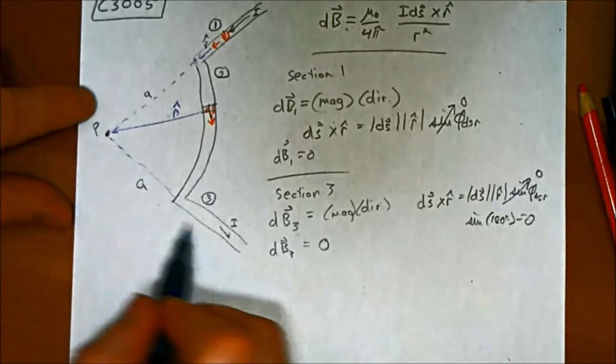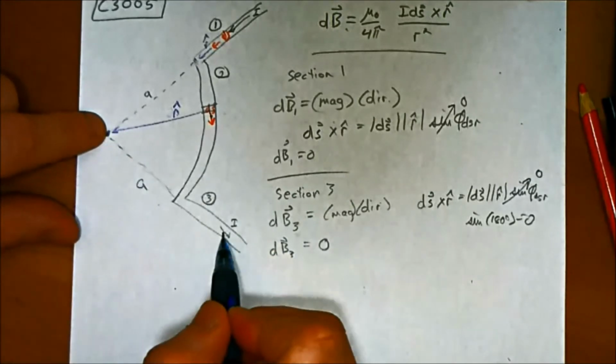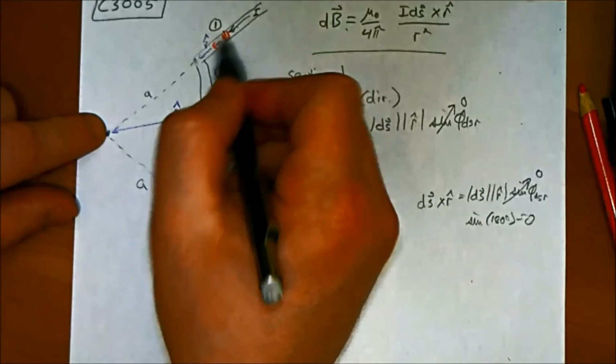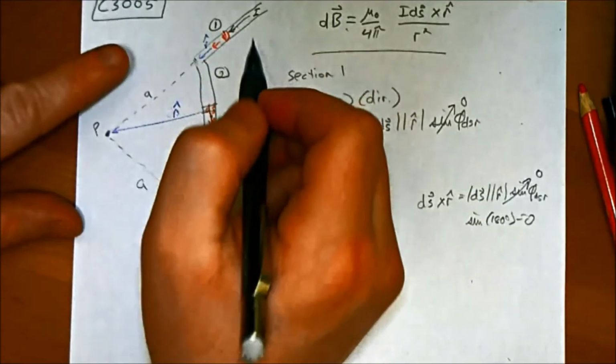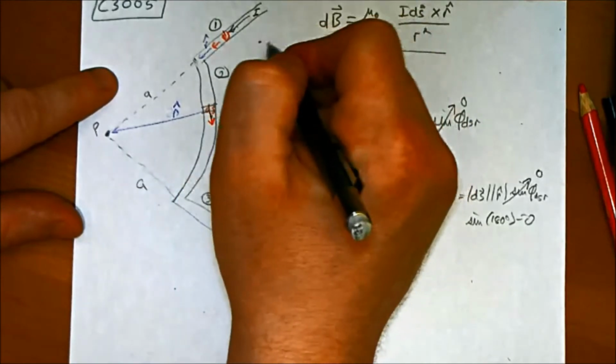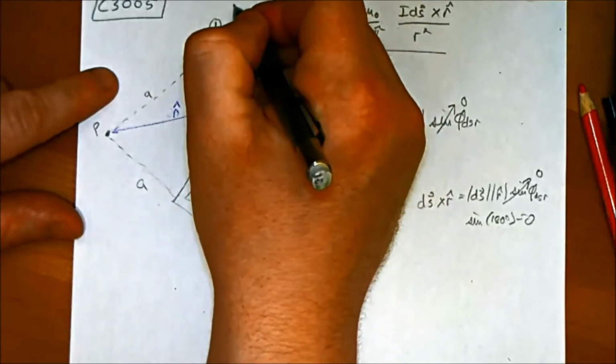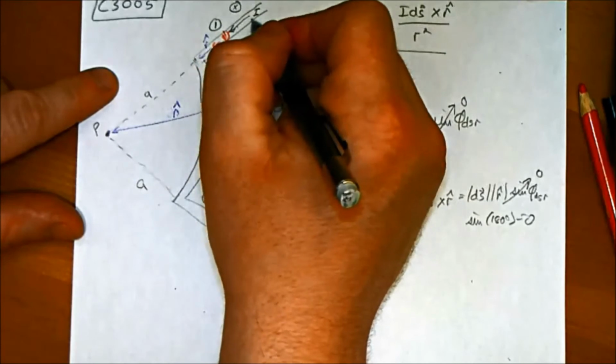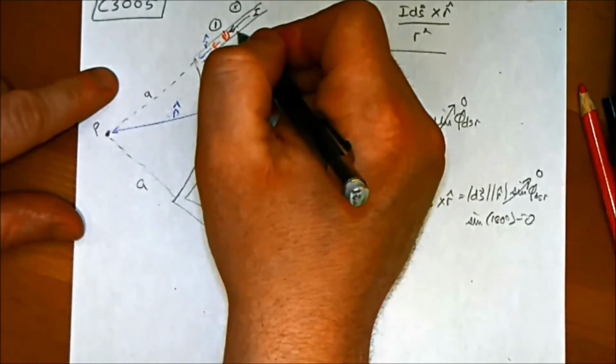So the magnetic field at point P from this section and that section is 0. Now that doesn't mean there's no magnetic field from these sections. There's going to be a magnetic field here, for example. In fact, that's going to be out of the page, and here the magnetic field is going to be into the page from this section of wire.